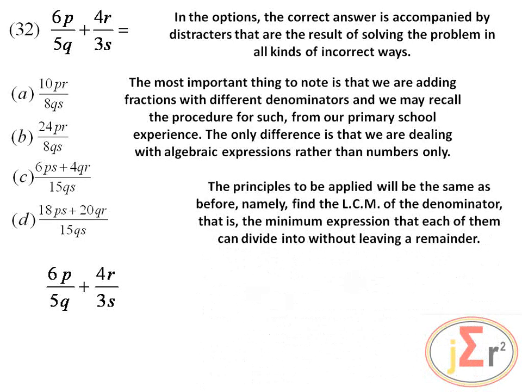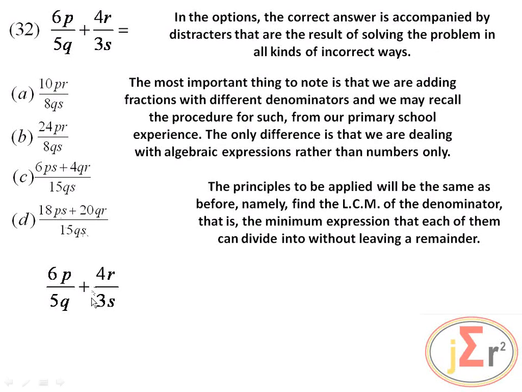Namely, find the LCM of the denominator, that is, the minimum expression that each of them can divide into without leaving a remainder.